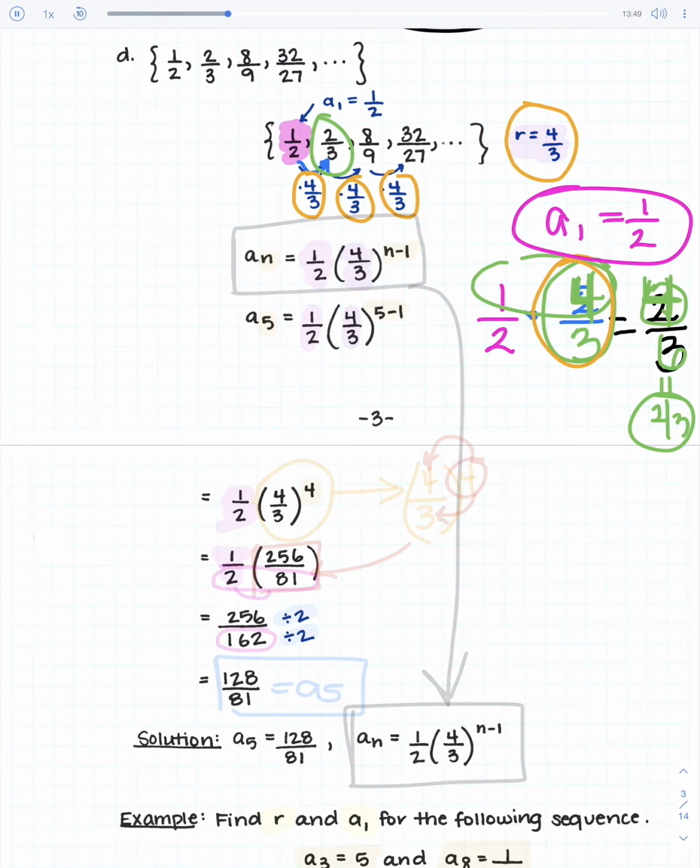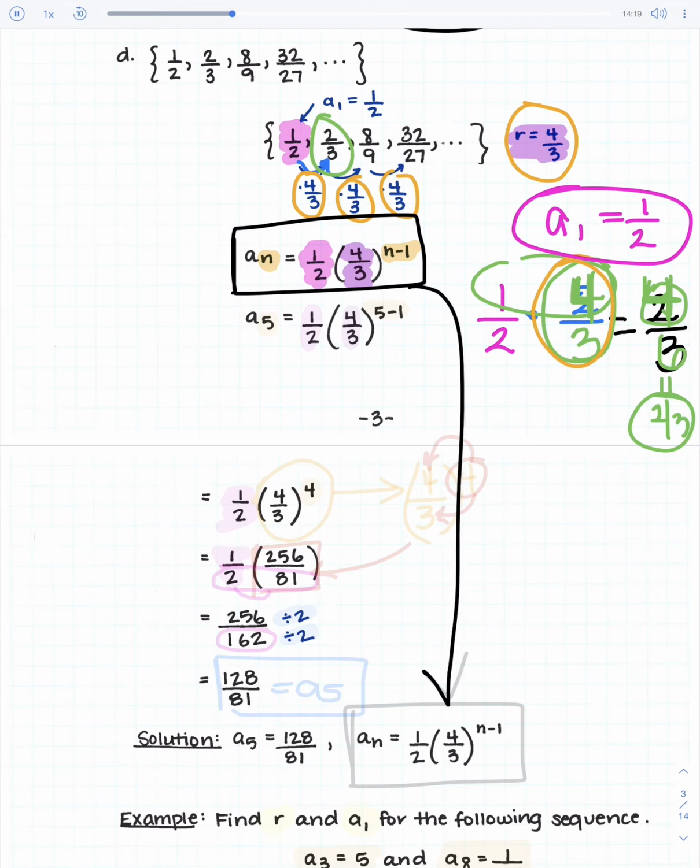So I can write out my general formula, which says start out with your first term, which is 1/2, and multiply by the common ratio, which we just found out was 4/3. And remember, you raise that, be careful, to one less than what you have, and we have n, so it'll be n minus 1. That will be your general equation on how to find any term you want.